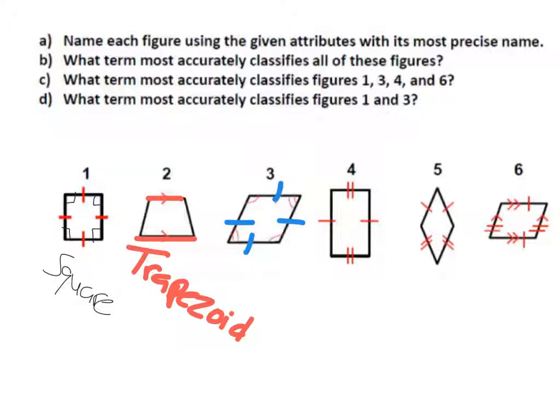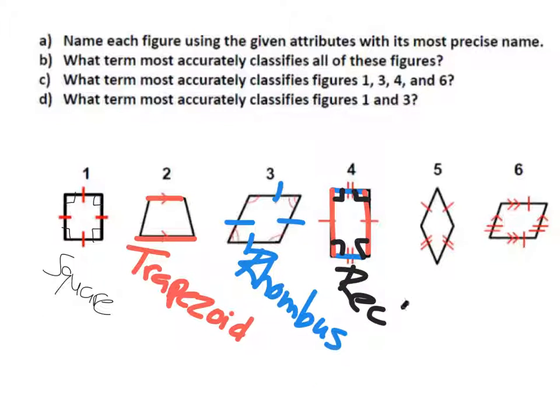Things that have congruent sides is going to be a rhombus. Figure 4 has not just one pair of parallel sides, but 2 pairs of parallel sides. And I can also see that it has right angles. So a rectangle would be the best name for that one.